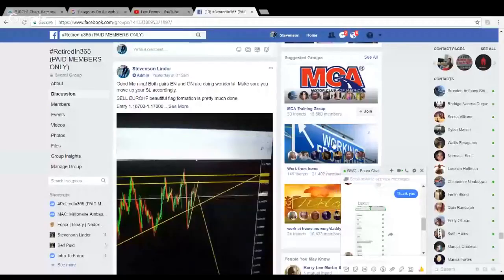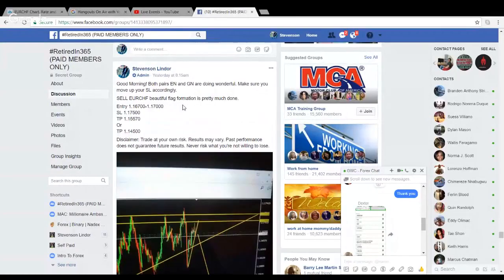So here, for all those who are in our Retired 365 group, let's go on the last trade that I called. All right, this was yesterday. I called for a sell for the Euro Swiss franc, right? I said entry around 1.16700, stop loss at 1.17500.